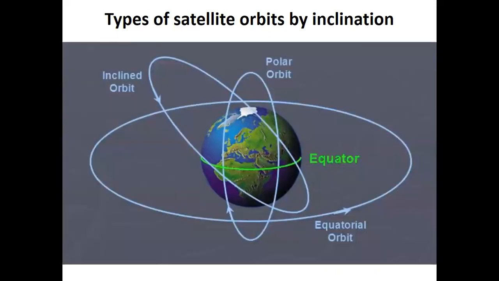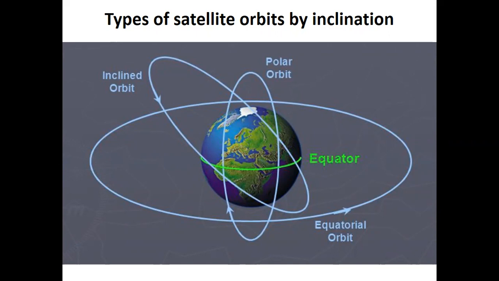If the satellite, each circle, makes over Earth's poles, northern pole and southern pole, then it will be a polar orbit. And also it could be so-called inclined orbits, which could be any different angle between equatorial orbit and polar orbit.